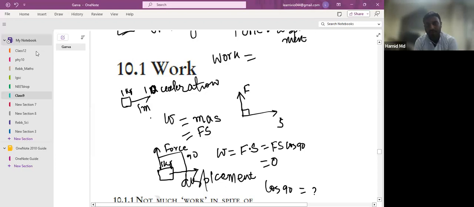I think you studied trigonometry in class 9 a little bit, right? I think you guys have studied trigonometry in class 9 as well. This class hardly responds. I don't know what to do.